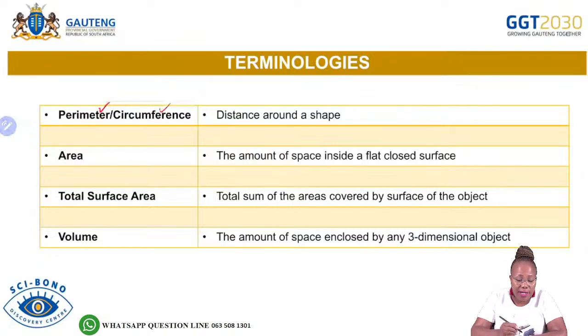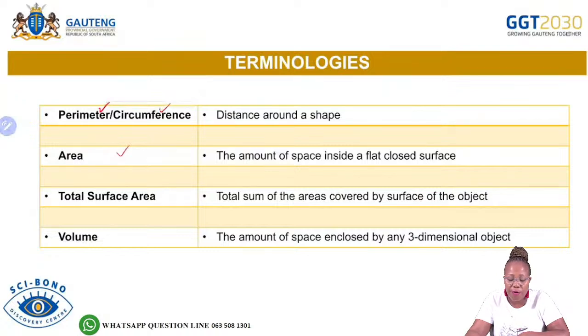And then what is an area now? An area is the amount of space inside a flat closed surface. And the total surface area: for example, if you have a box, and you dismantle this box into a flat surface, and then you calculate the total surface area of that particular box as a flat surface, or a net area of that particular object.